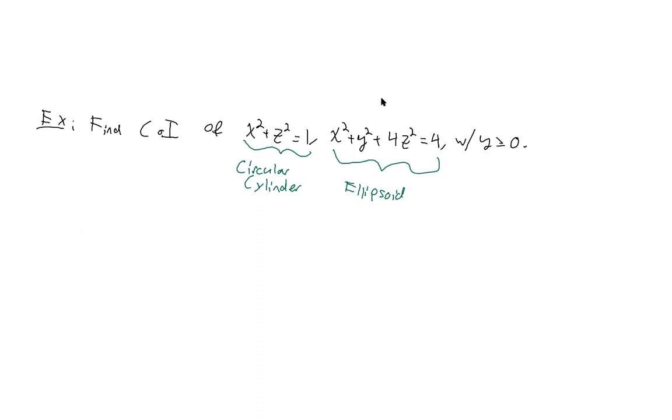I'm going to draw the second of these in a different color to make this a little more clear. I'll make this pink. So here we have the circular cylinder. So what does this look like?